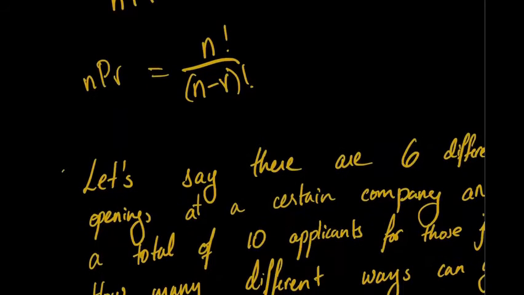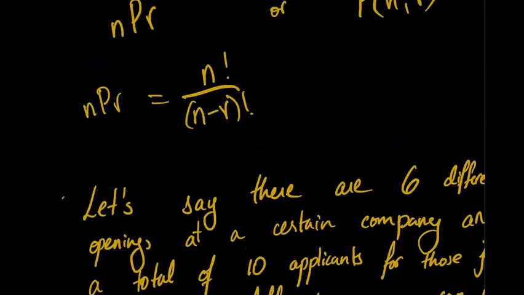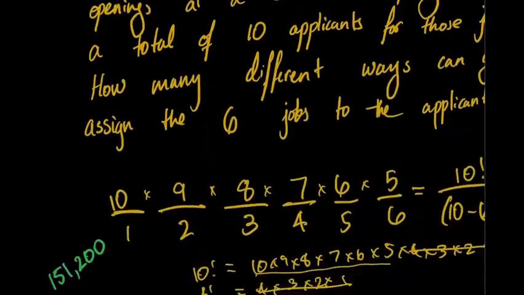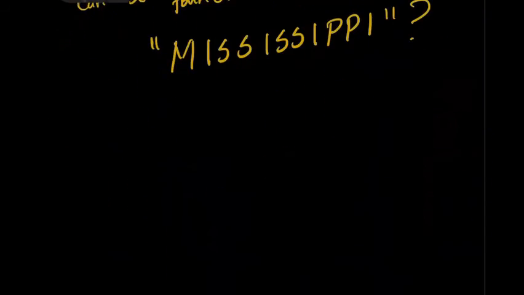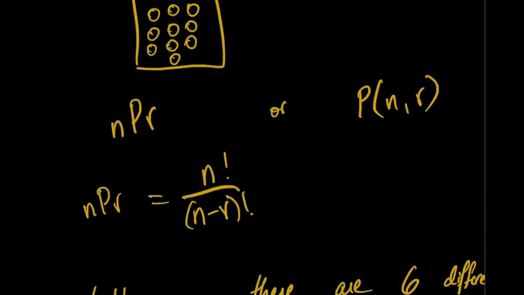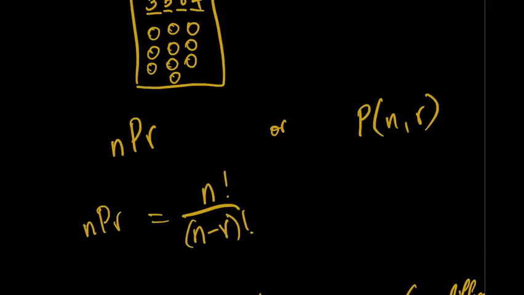The total number of letters that we have is 11. That's going to be the total number of objects that we have. It's going to be 11 factorial. Now, another way you could have written this formula, instead of writing it as just n factorial over (n minus r) factorial, is n factorial divided by n1 factorial times n2 factorial, and so on.